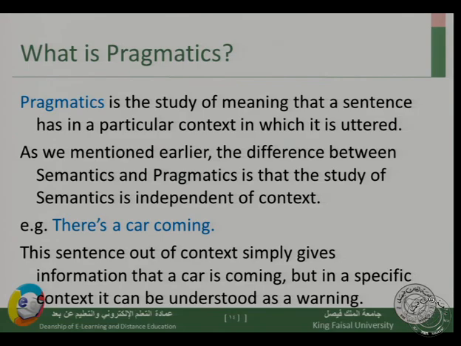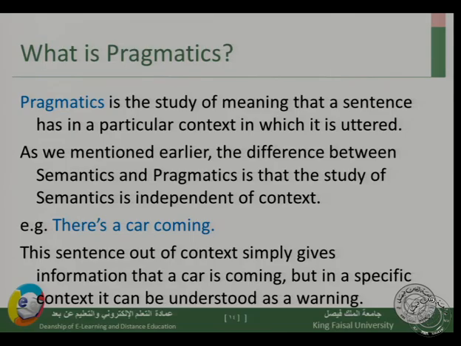Pragmatics is the study of the meaning that a sentence has in a particular context. Context is a very important word here, in which it is uttered. So pragmatics is heavily involved with context, with situation, and on the other hand, semantics is not. It is independent of context.